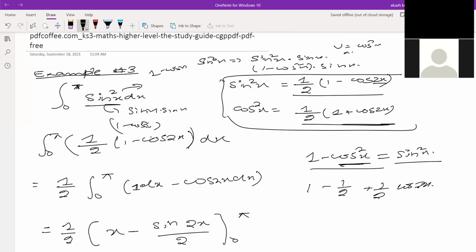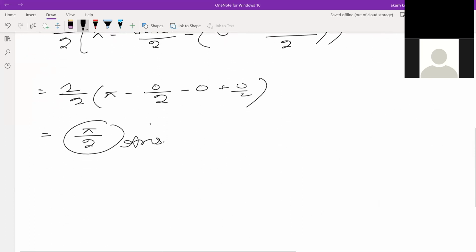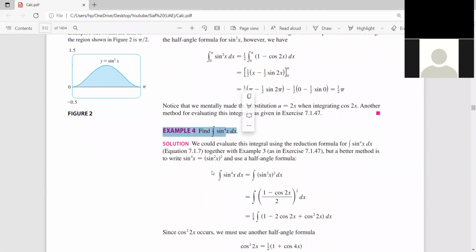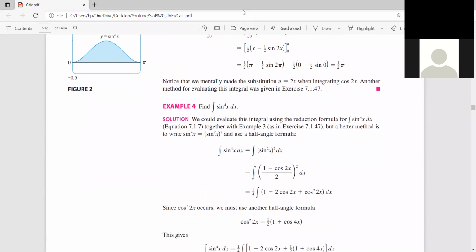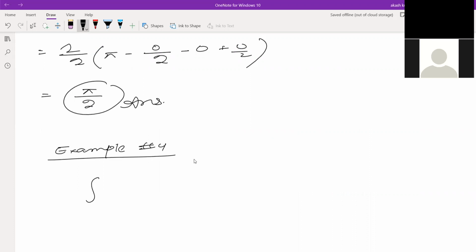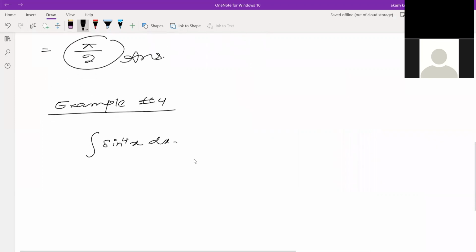Now we are going to move to example number 4, which is the integral of sine 4x dx.